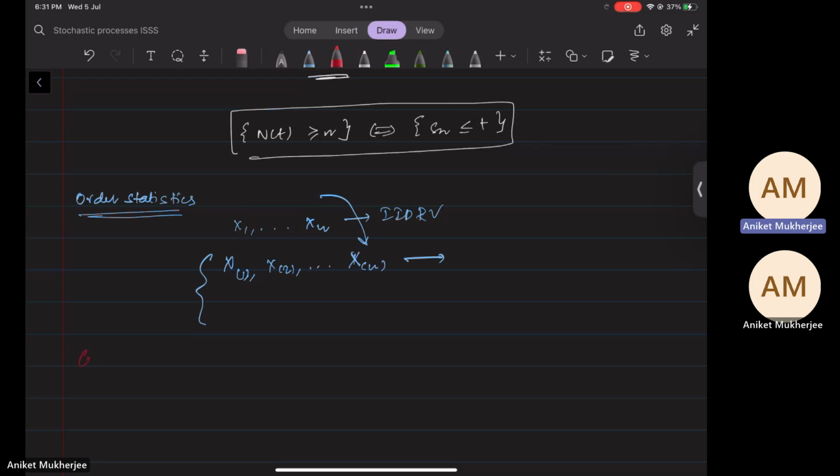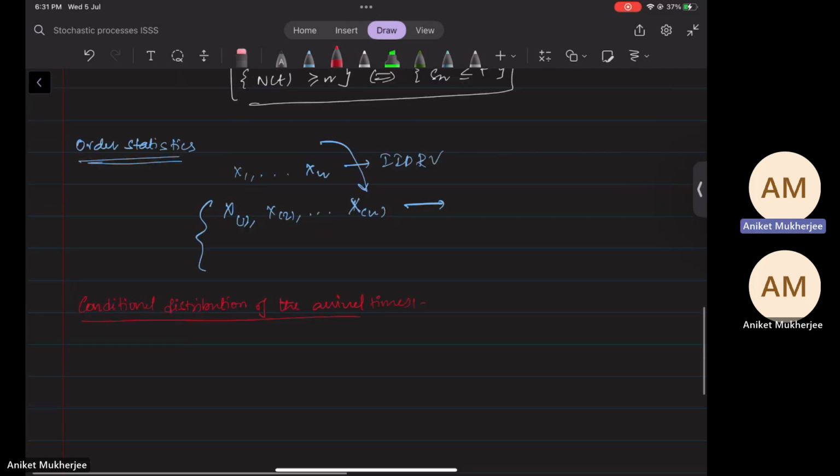So we found the conditional distribution of the arrival times. We found the joint distribution of S1 to Sn given that N(t) equals n.